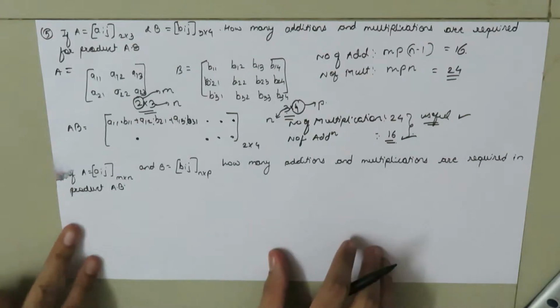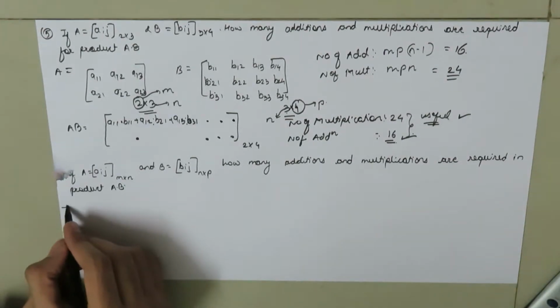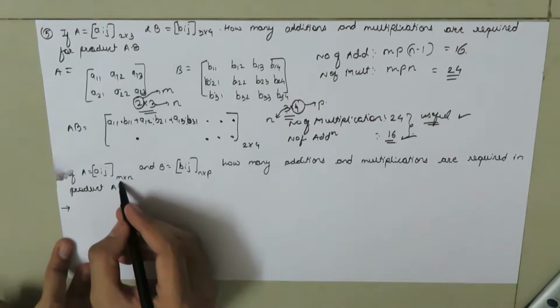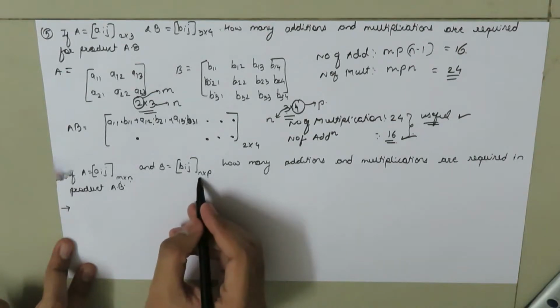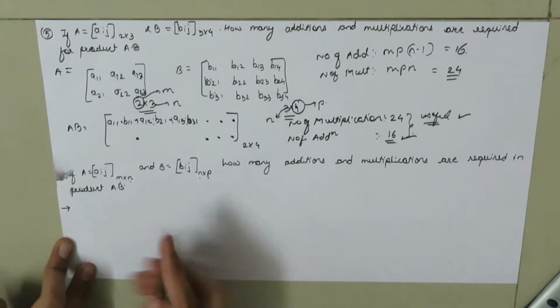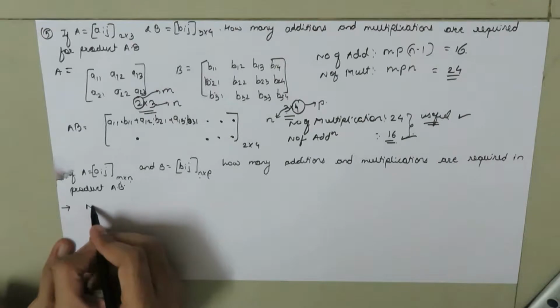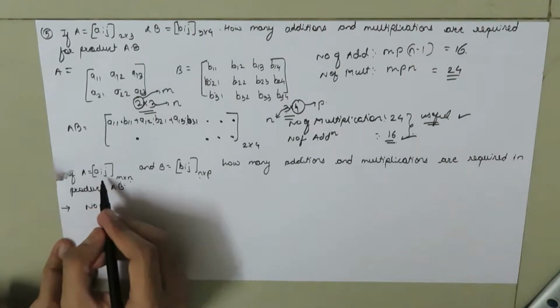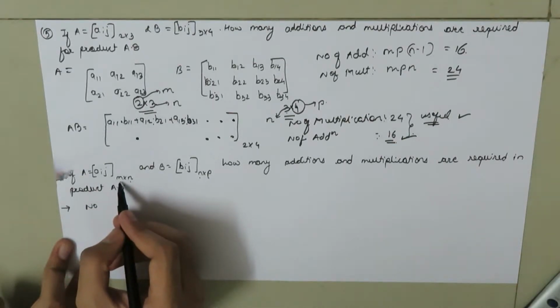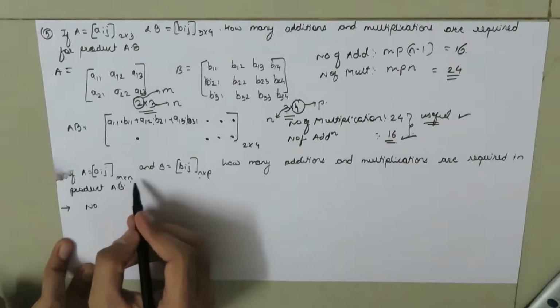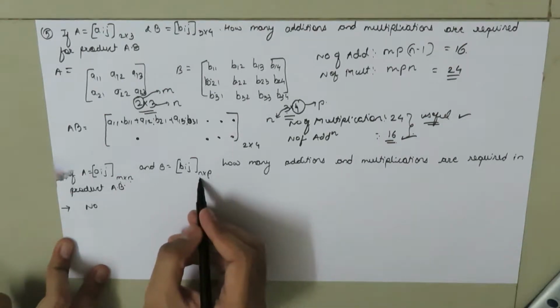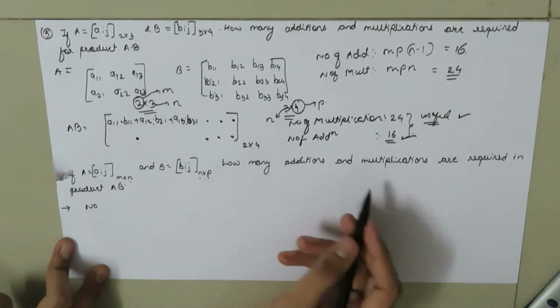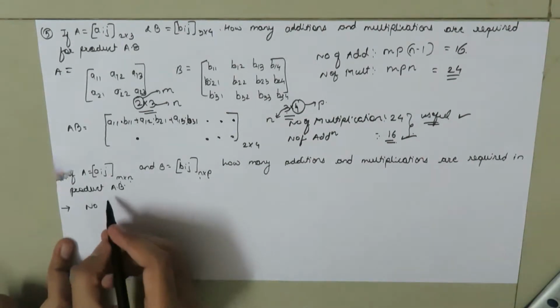So let's do this exercise in our next example, which has m rows and n columns, and this has n rows and p columns. So if A is the matrix which has Aij, with m rows and n columns, and B is the matrix which has n rows and p columns, then how many additions or multiplications are required in the product AB?